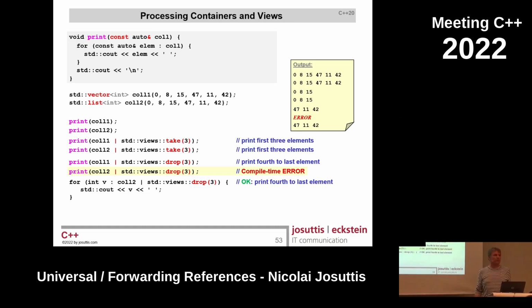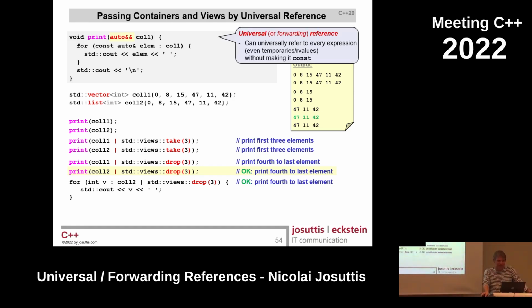And that's why we have universal references. Universal reference means take it as it is, as if I would have used a macro. Oh, macro. You can universally refer to every expression, temporaries and R values as well as L values, without making them const.